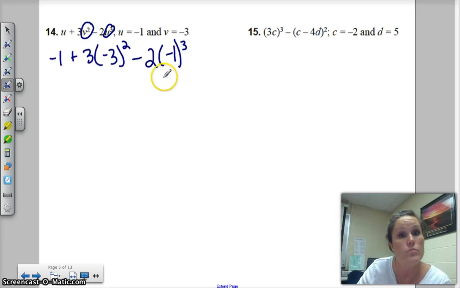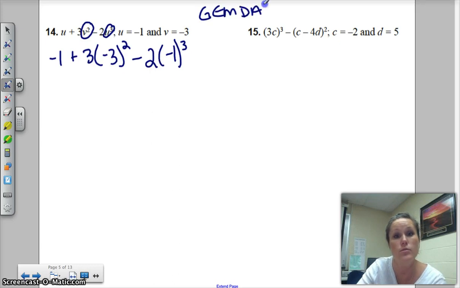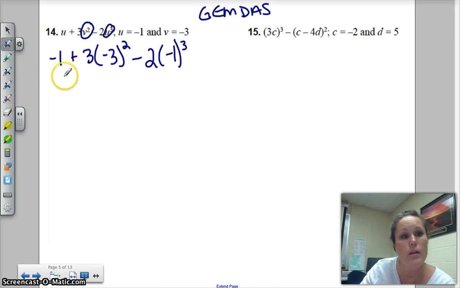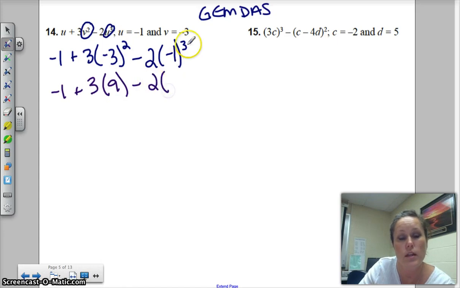Start with our exponents because we don't have any grouping symbols to deal with. So negative 1 plus 3 times 9 minus 2 times negative 1.